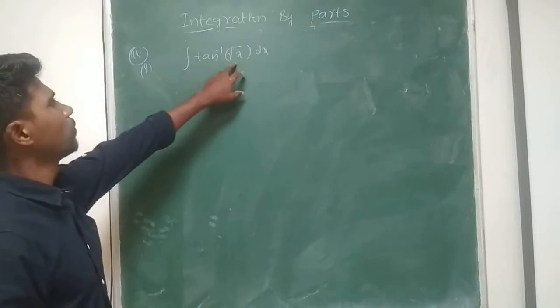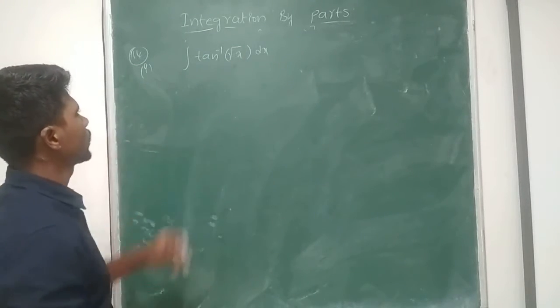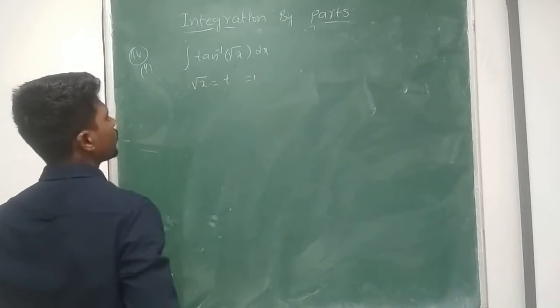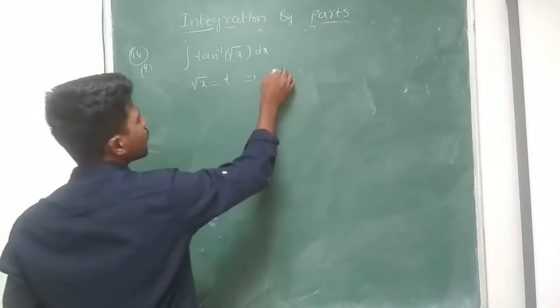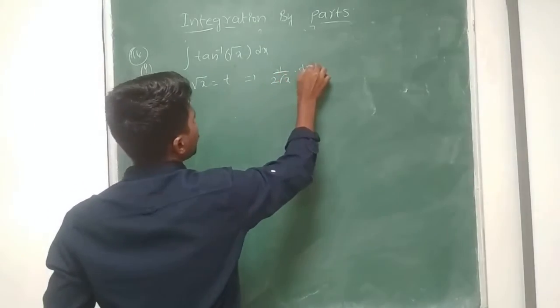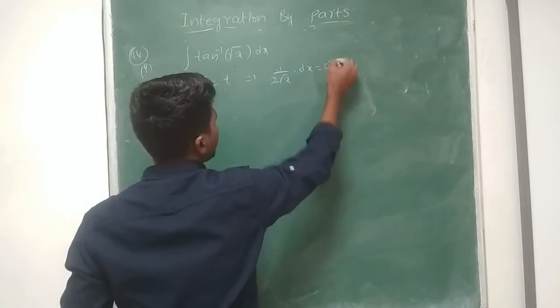So I got it in terms of root, so I want to eliminate this root, so I consider first root x as t. So then the integrand changes as 1 by 2 root x into dx, which is equal to dt.